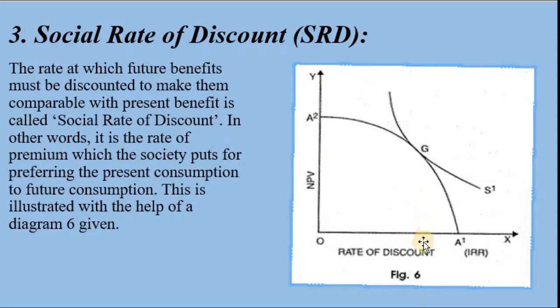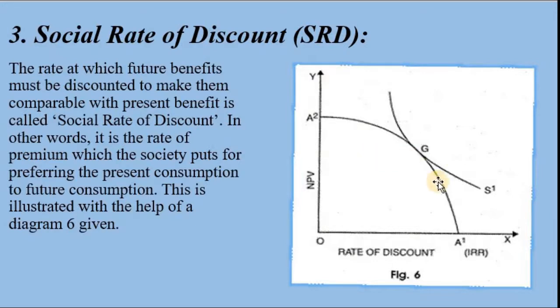The sacrifice of present consumption results in the gain of consumption in the future. So here society will choose from various investment policies so as to reach its highest social indifference curve S1 at G.